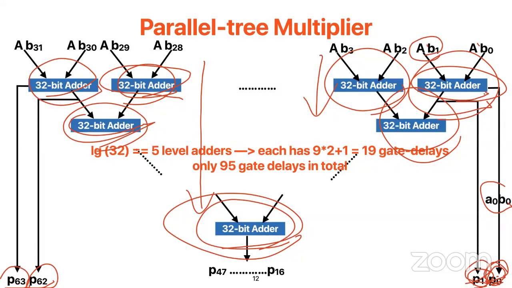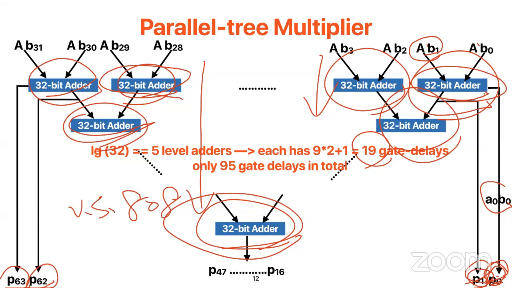So the gate delay that you suffer by using a parallel tree multiplier is less than 100 gate delays, versus the 800 gate delays we just learned from the array style in your textbook. So parallel tree is actually one of the best multiplier implementations that you can find in combinational circuits.